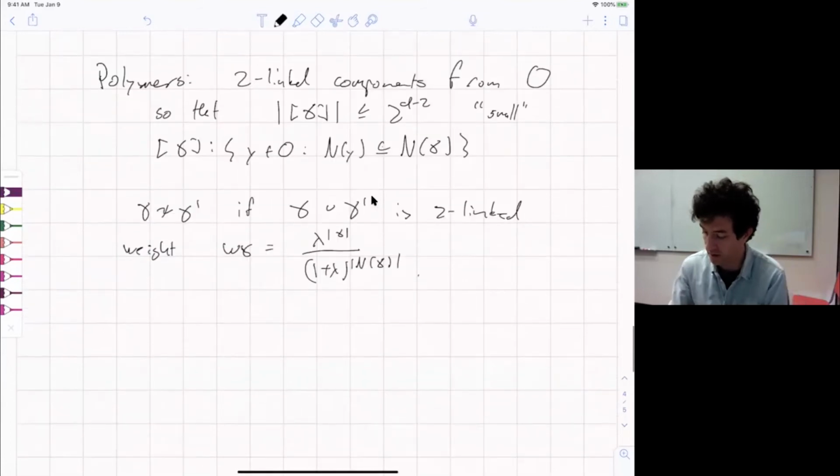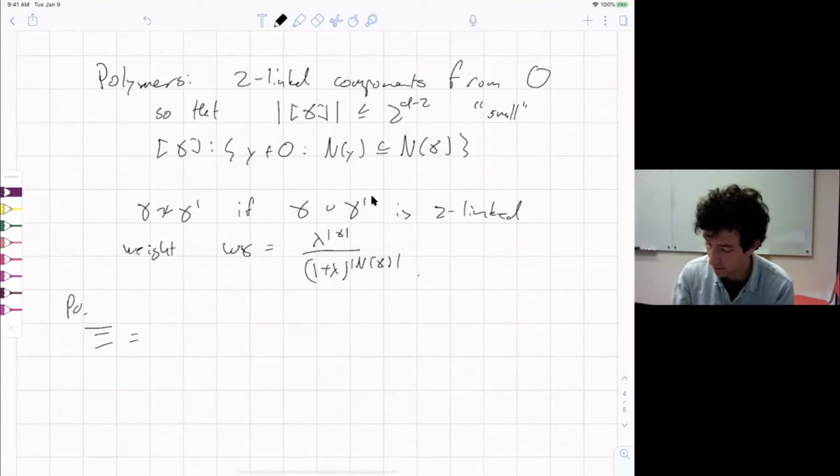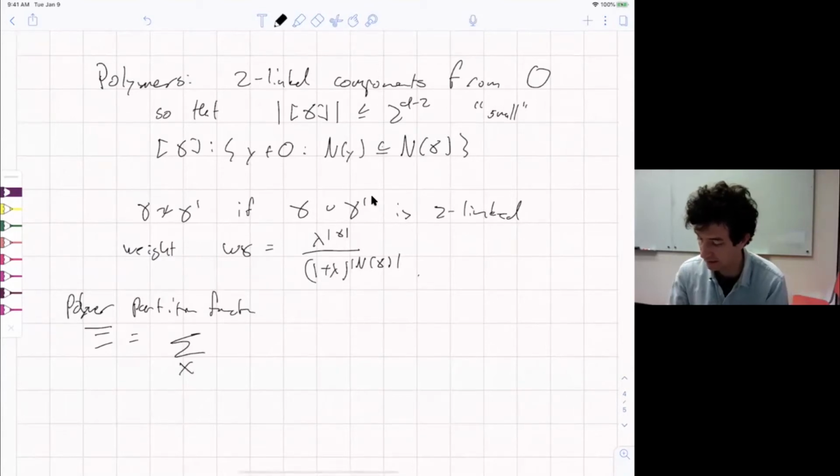And so the polymer model partition function is the sum over all x, collections of compatible polymers, of the product over gamma in x of the weight of gamma.